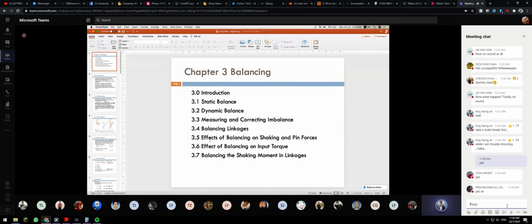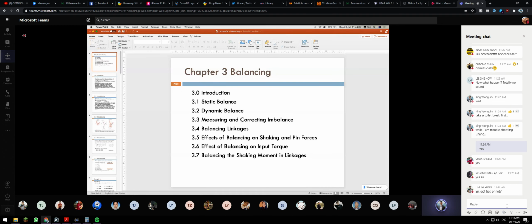So these are the topics that we'll cover in the balancing, right? We'll look at the static balancing again, dynamic balancing, and then measuring and correcting the imbalance, right? Then the other one is balancing the linkages, right?